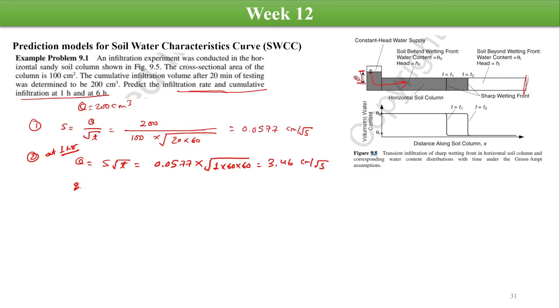So now if we need to determine the rate, then q will be dQ upon dt. So it will be nothing but 1 by 2 under root T multiplied by S. So it will be equal to 1 upon 2 into under root 3600 multiplied by S, which is 0.0577.